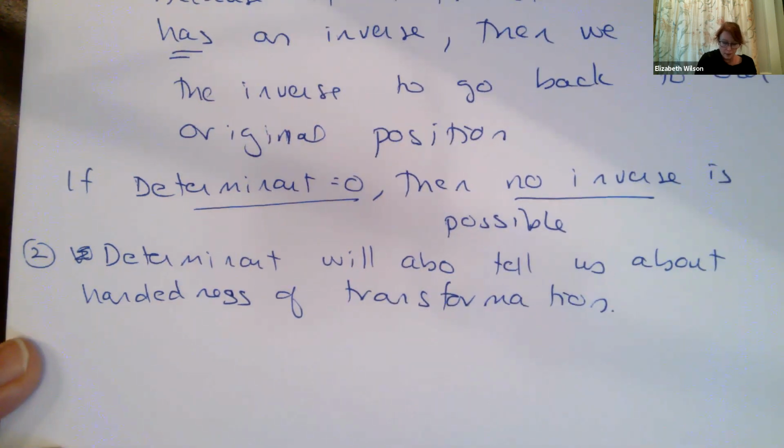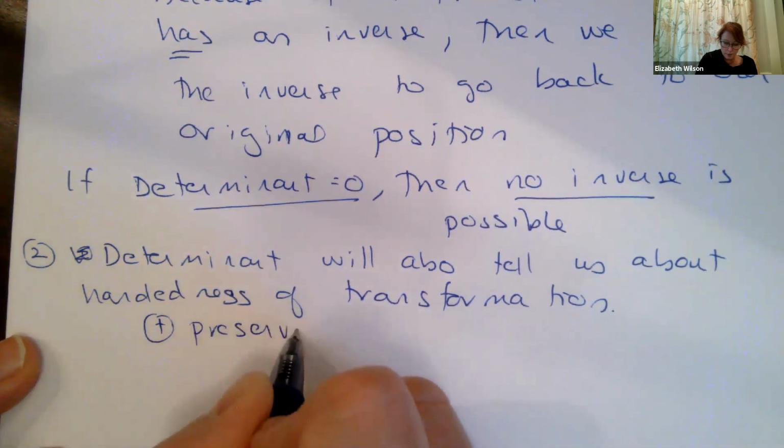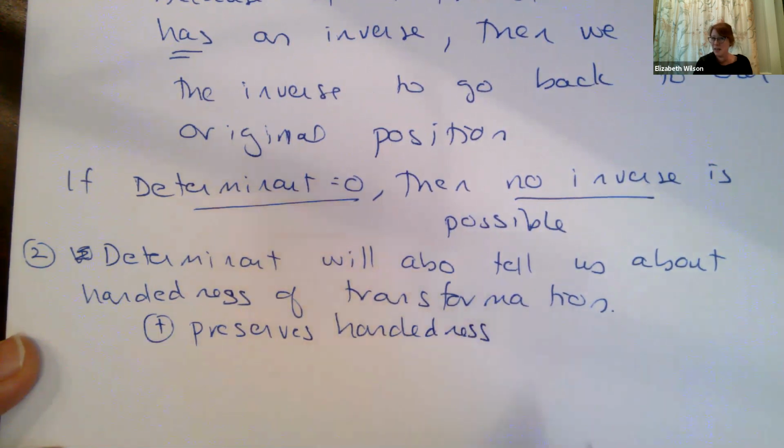So if it's positive, it preserves the handedness. And preserving the handedness is going to become important, because if you are changing the handedness, that means when you're recreating your animation or your shape, you have to think about how the shading and how the design is going to be different, right?